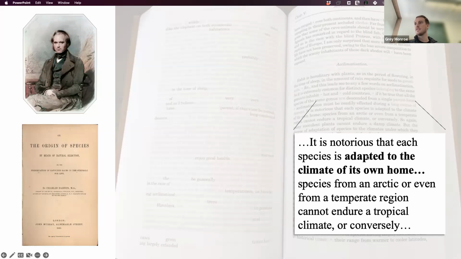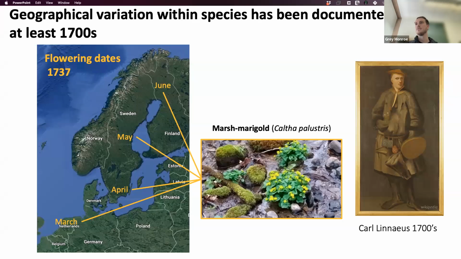In this particular case, Darwin is speaking about differences between species, but we also know that there are differences within the same species, and this has been documented for a very long time. One fun example is from Carl Linnaeus, who's famous for developing the nomenclature system of species.